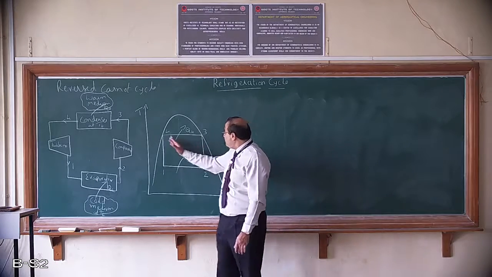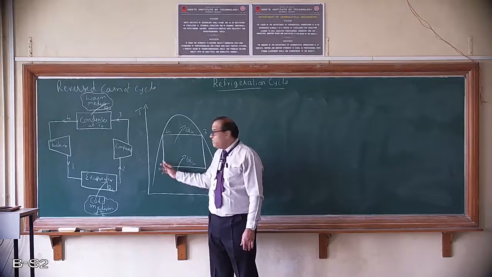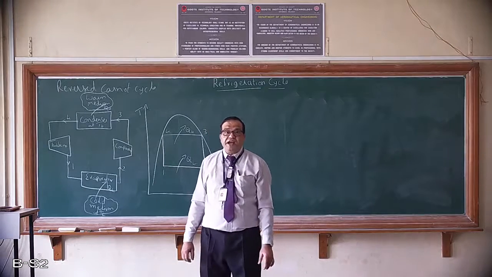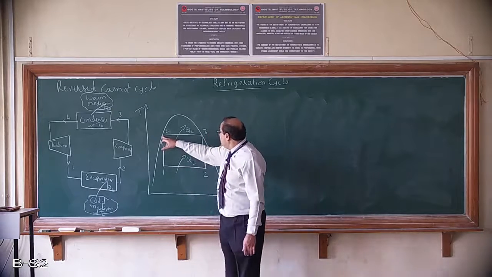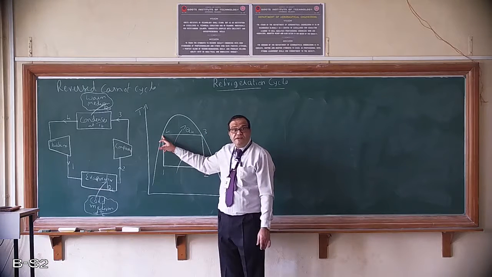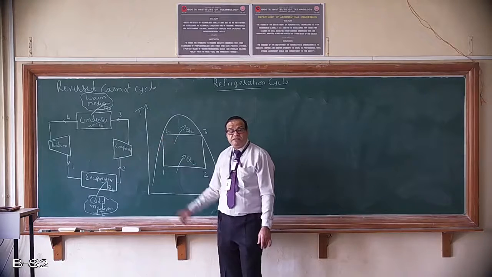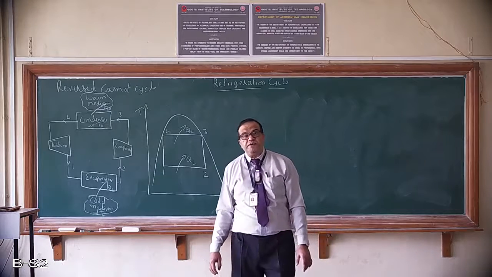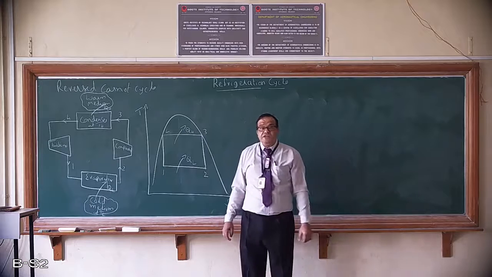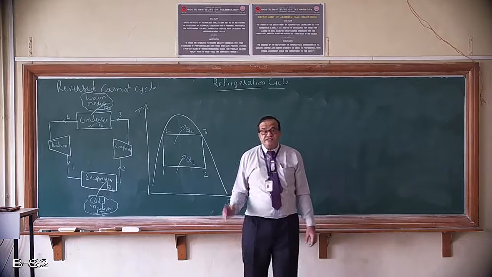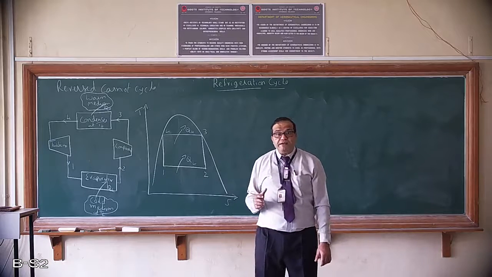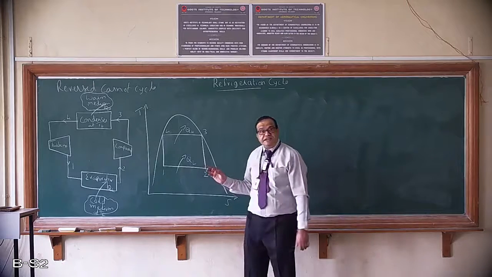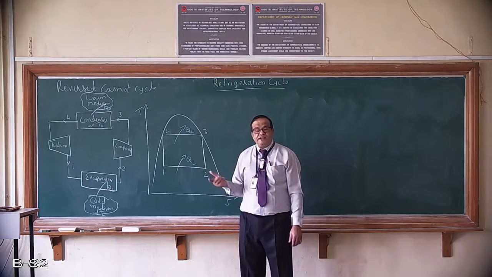But practically, compression of a liquid two-phase mixture is not possible, and that's why it fails. One more aspect is 4 to 1: expansion of liquid in turbine blades where the moisture content will be very high. At this point the refrigerant will be 100% liquid phase, and entering the turbine blades, it damages the blades. So expansion through turbine blades is practically not possible where the moisture content is high. In steam turbines in any thermal power plant, moisture content more than 10% is not advisable.